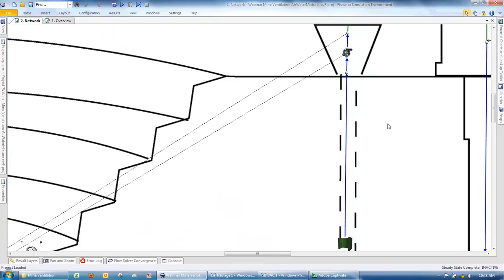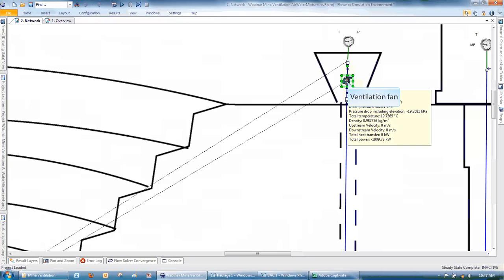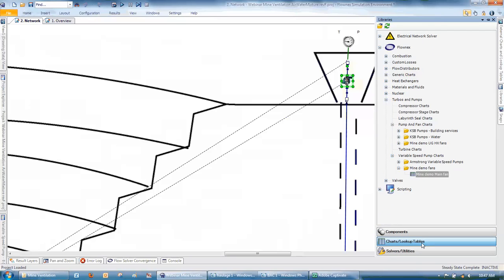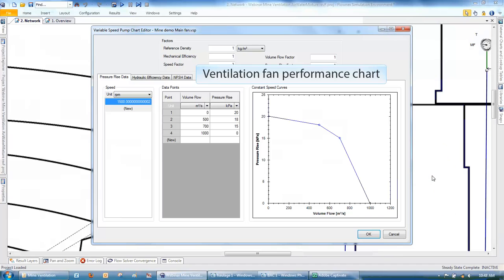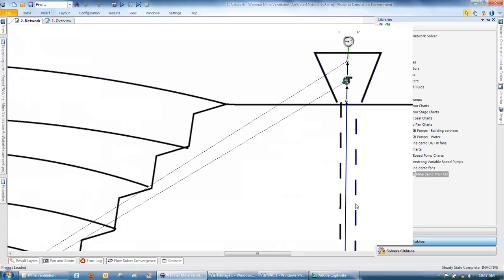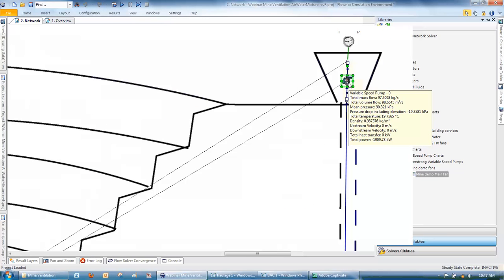Something that is also part of the simulation, then you can also see how much energy your fan typically uses.